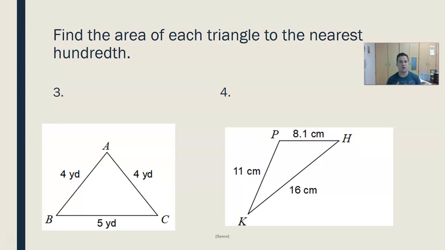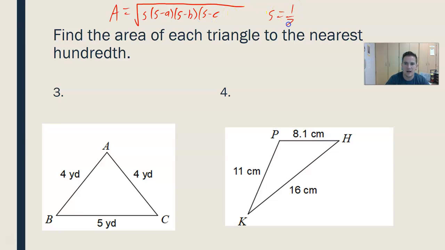Okay, let's practice this. It says, find the area of each triangle to the nearest hundredth. So remember that the area, using Heron's formula, if I know all 3 sides, is the square root of s times s minus a times s minus b times s minus c, where s is equal to 1/2 of the perimeter of the triangle, or a plus b plus c.